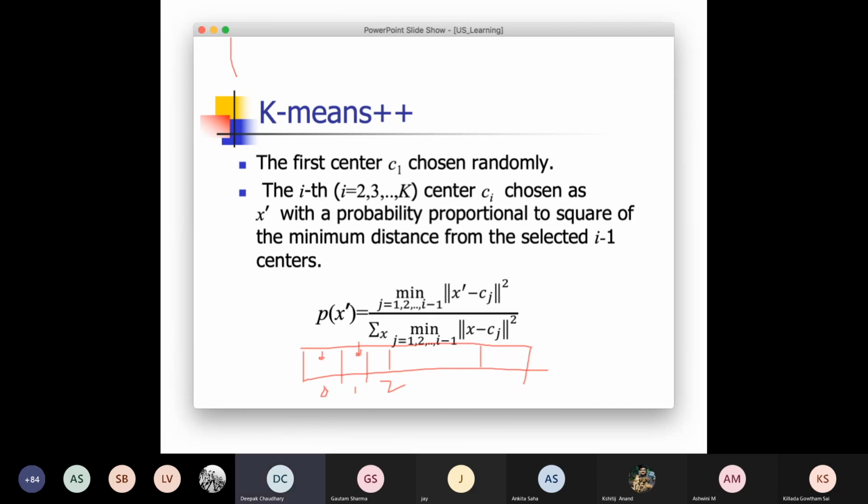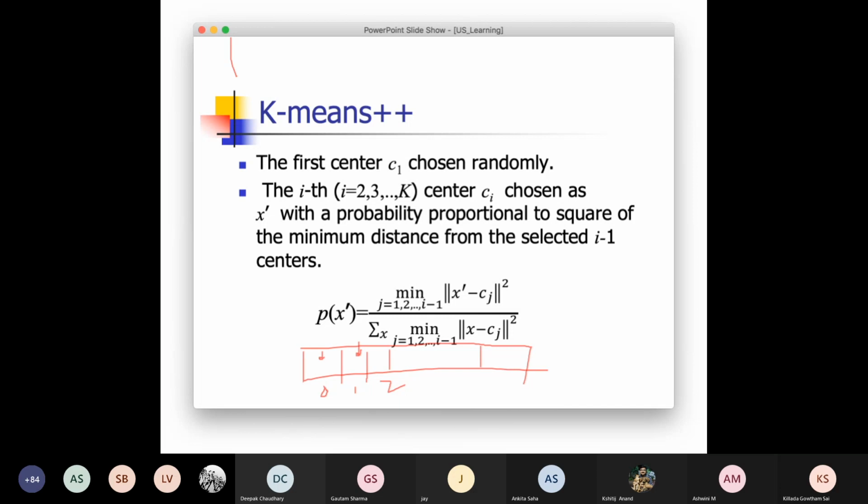You have those functions. Here also, you are defining the probabilities of every candidate element not chosen yet, by following this rule. I hope these expressions are understood. It computes the minimum distance of a candidate X prime from all the chosen centers so far.